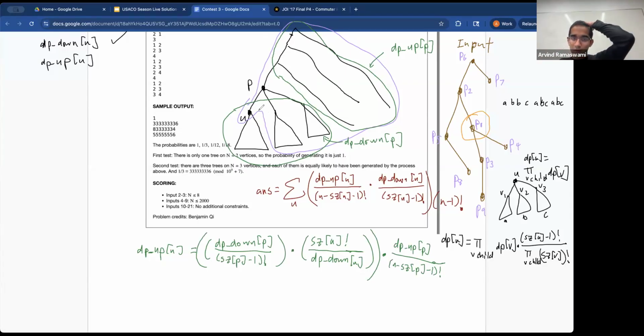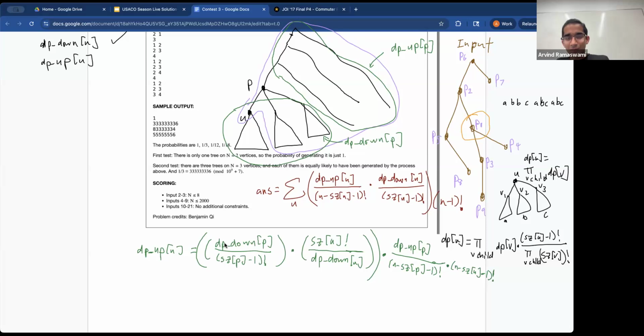The numerator is the size of everything up here, excluding u and p, right? So it's going to be times n minus size u minus 1, factorial. Yeah, so that's how you calculate this.